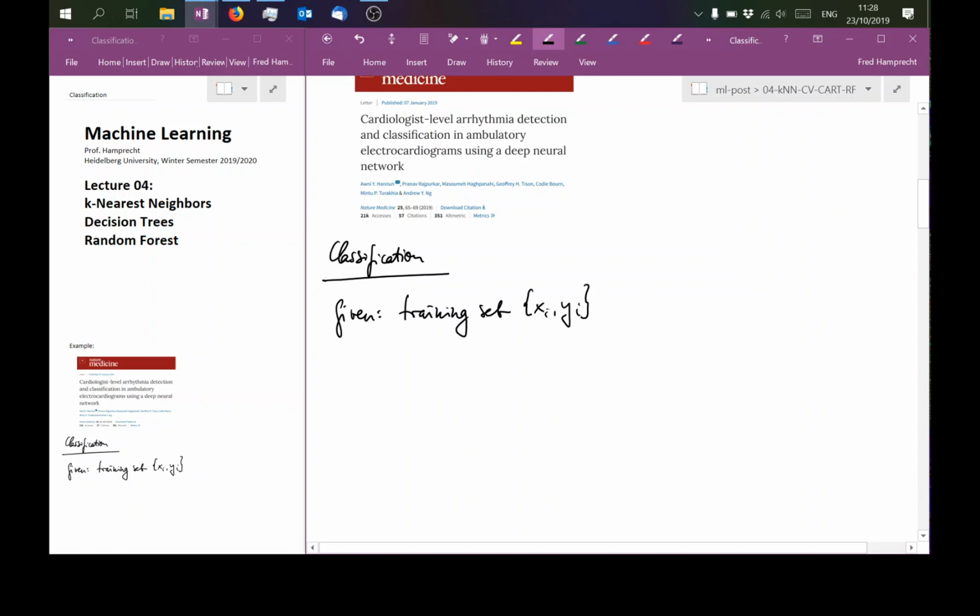Xi, Yi, where the Xi have a number of names. You can call them features, or you can call them explanatory variables, or you can call them attributes, or you can call them independent variables.